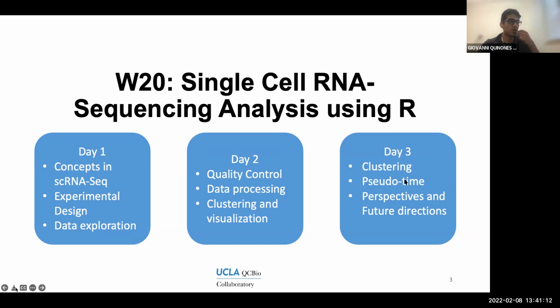So we're also going to be talking about pseudo-time estimates. And lastly, I wanted to bring up some broader topics, not so much on the technical side, but rather on the critical side of single-cell RNA sequencing, meaning here in what I call perspectives and future directions.